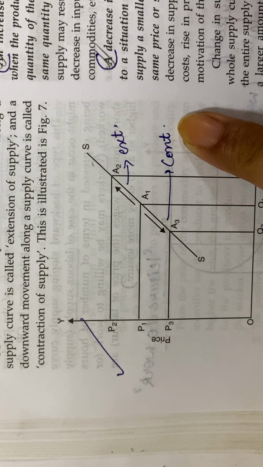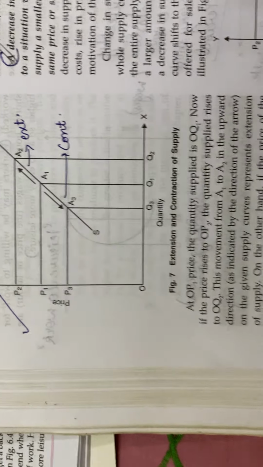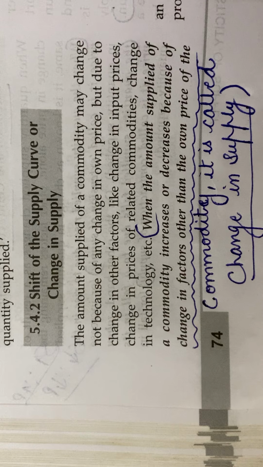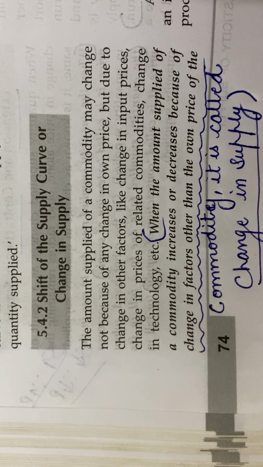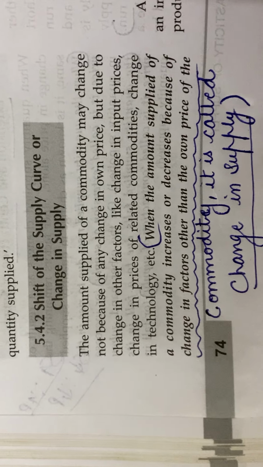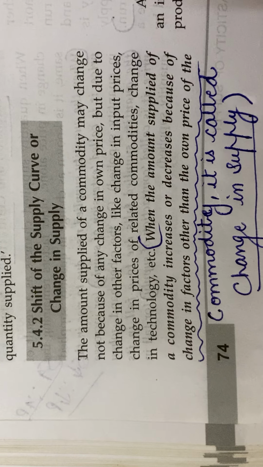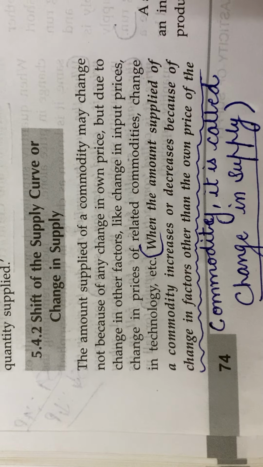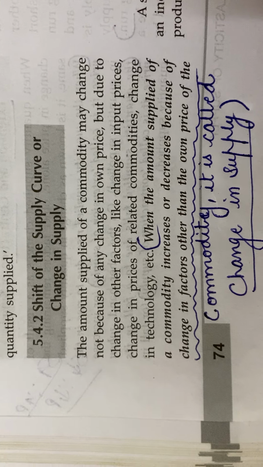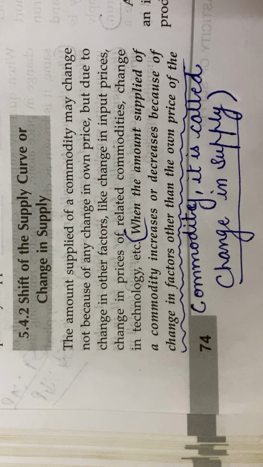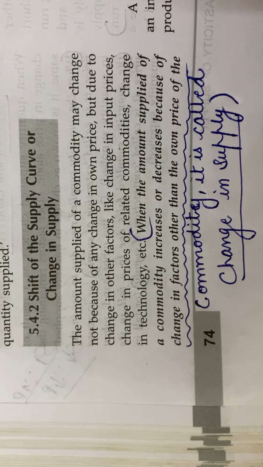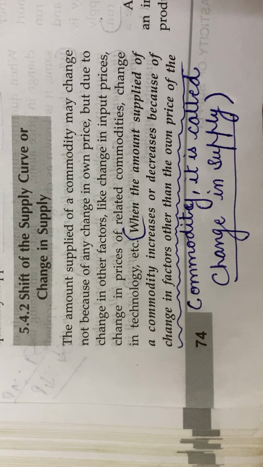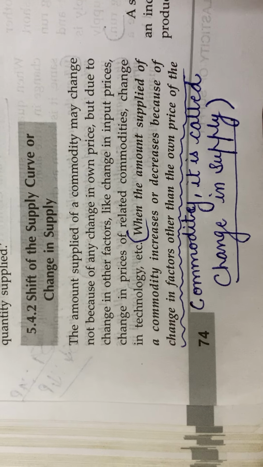Now the next part, children. Next is shift of the supply curve or change in supply. Change in supply happens when there is change in other factors. I repeat, movement along the same supply curve happens because of only change in price.